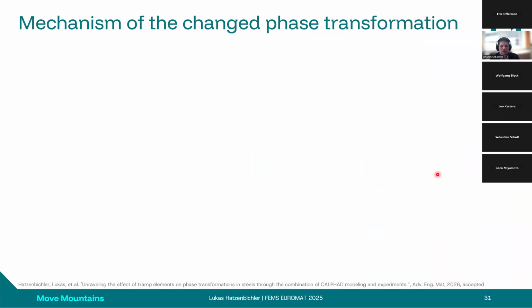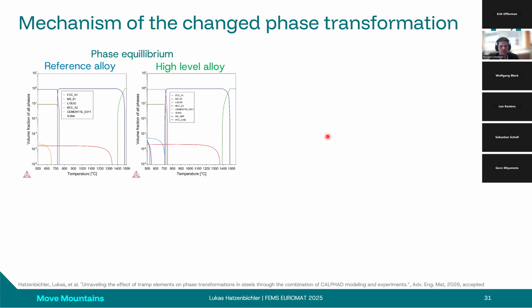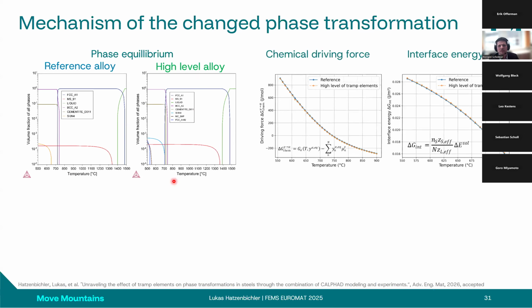Good. So when one does a lot of these investigations, one asks, of course, how the mechanism of the phase transformation is changed. One can first do thermodynamic calculations using, for example, Thermo-Calc. You can see here the reference and the high-level alloy, and depending on the available databases, you will not see really an influence.